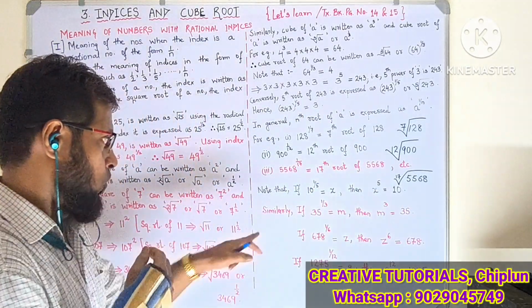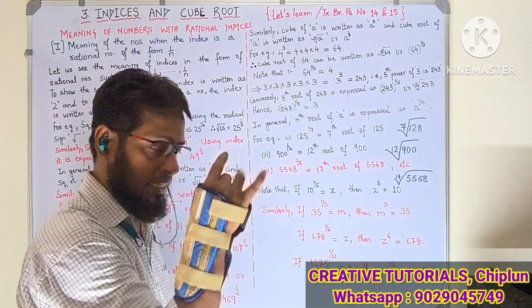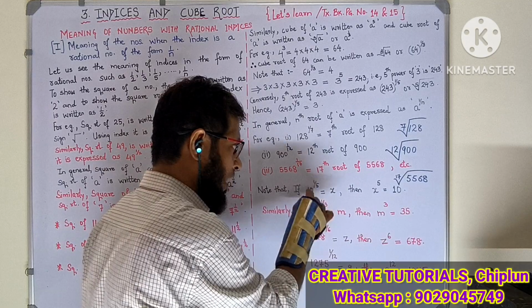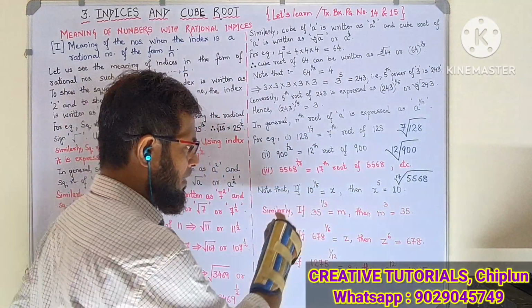Good. Now, so note that if 10 raised to 1/5 is equal to x, then x raised to 5 is equal to 10. उसका रिवर्स बन जाता है वो. Okay, क्या है?